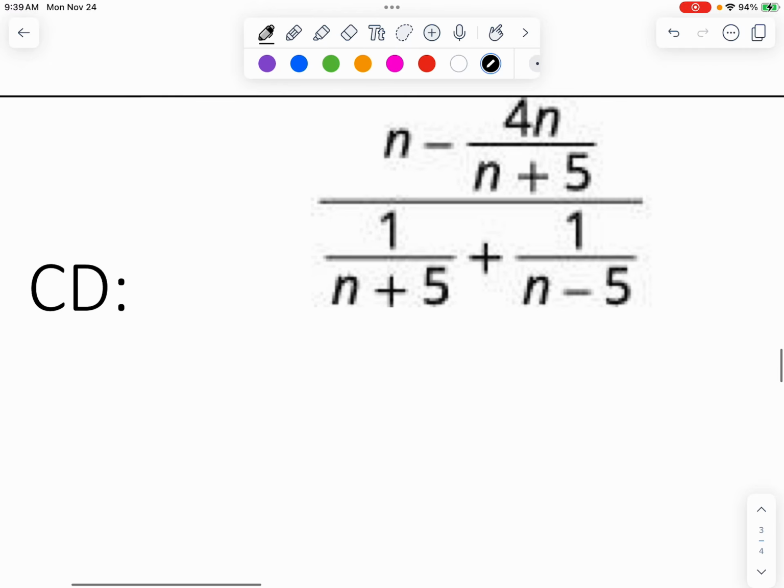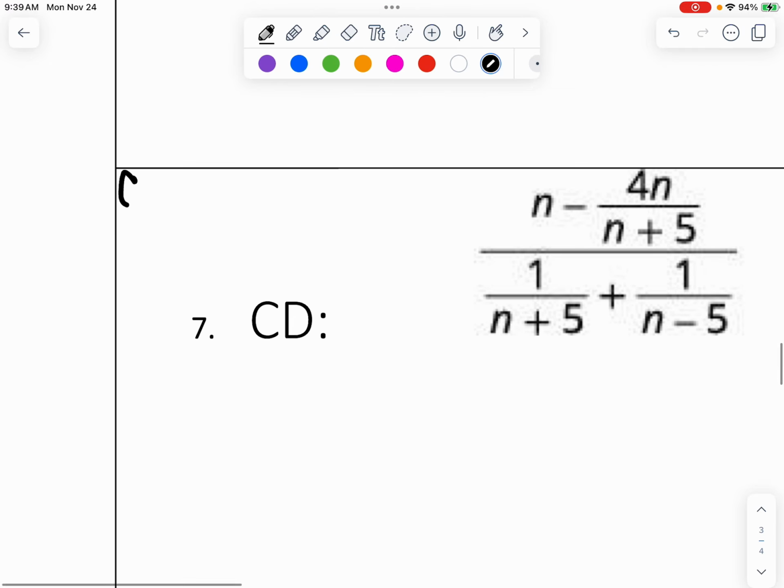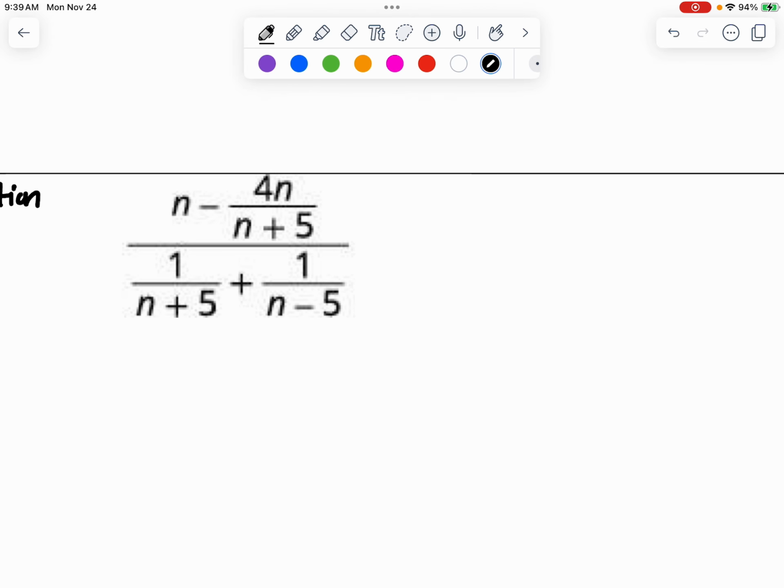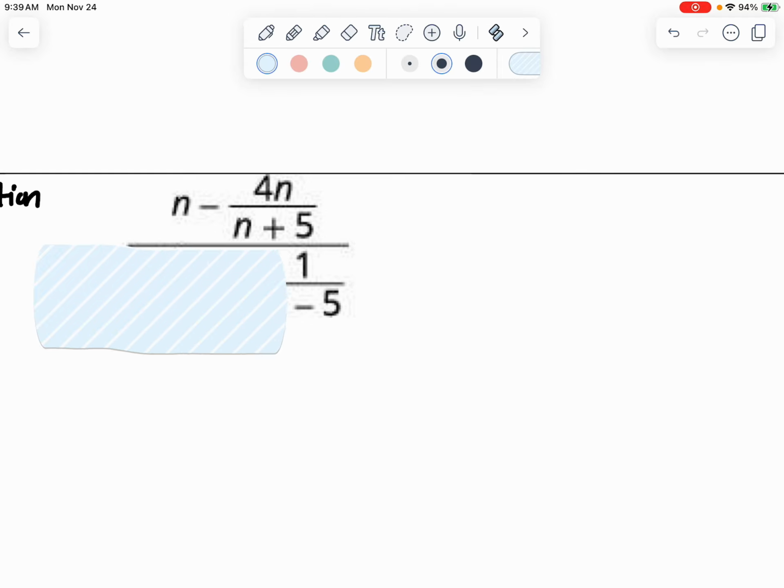So when we see this, this is your first time that you're seeing complex fractions, except obviously I did them in the notes. You need to treat the numerator as its own problem. So I'll use this ticker tape to cover up the bottom. So it's like we don't even see it then.